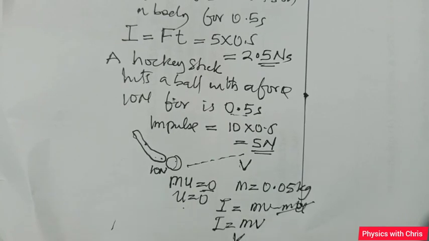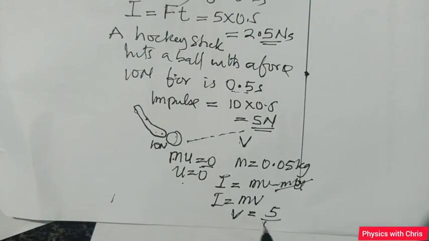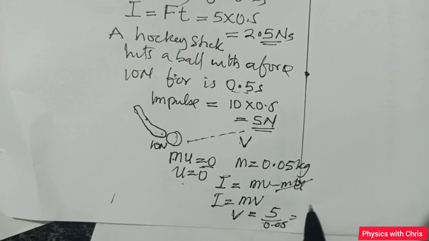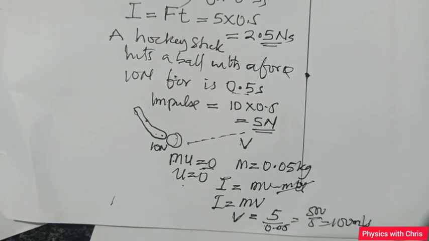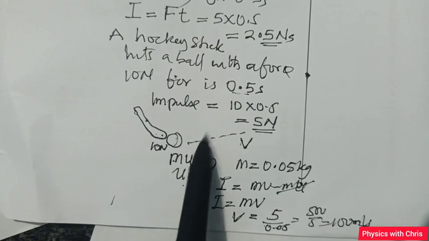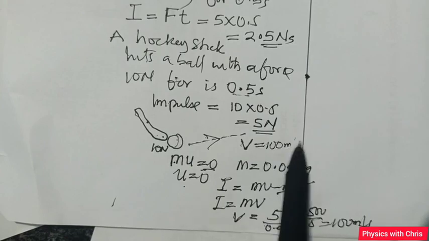We can find the velocity with which the ball moves away as the impulse, which is 5, over 0.05. So that is 500 over 5, which is 100 meters per second. It means that this ball moves away with a speed of 100 meters per second.